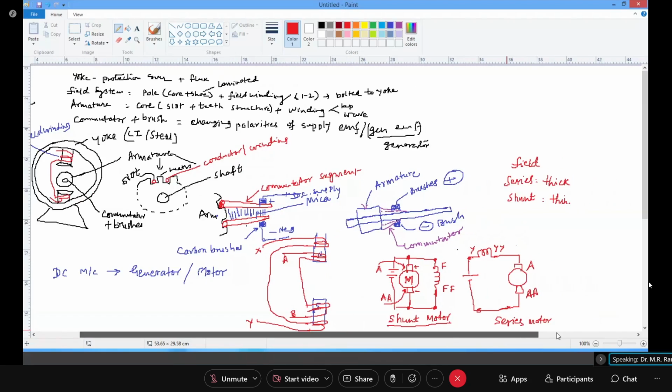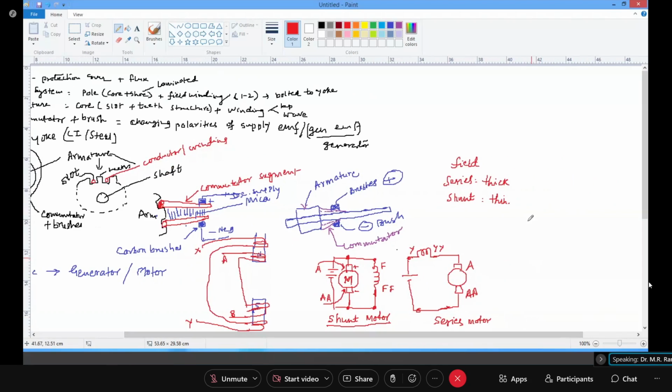Now when I connect both the windings, then it becomes a compound motor. Depending upon how you connect series and shunt, there are different types. I will show just one. Here I will be connecting both windings.